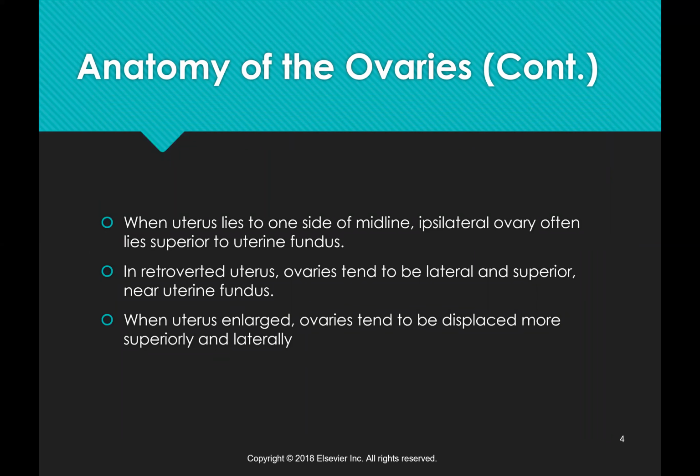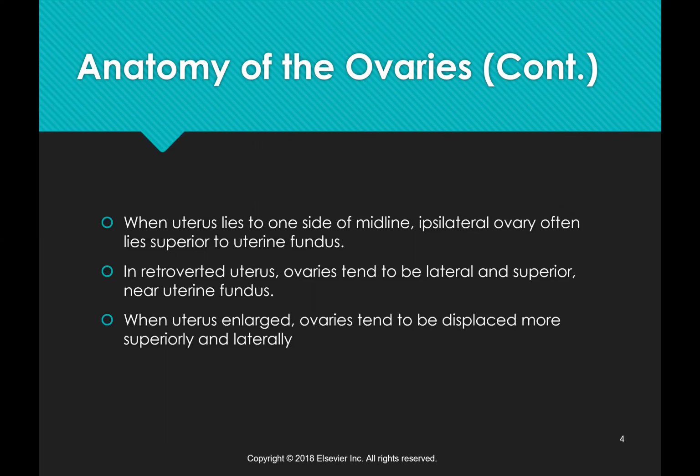When the uterus lies to one side of midline, the right or the left, which can happen, the other ovary is usually found superior to the uterine fundus. So if you have a uterus that lies more to the right, the other ovary is potentially going to be on top, laying superior to the fundus, and I see that quite a bit.